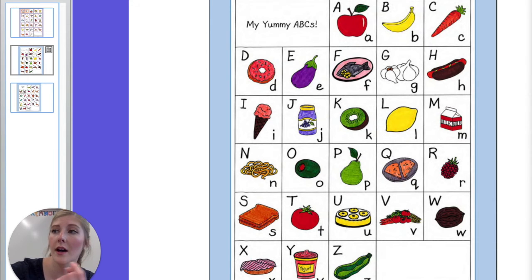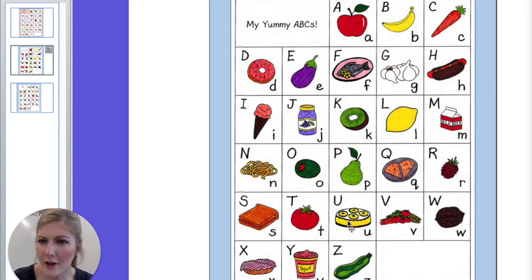Okay, let's hear from Mia. Mia, what letter did you study and what did you notice? U. Okay, so you found the U. Mia, do you know what this is a picture of? Cake.